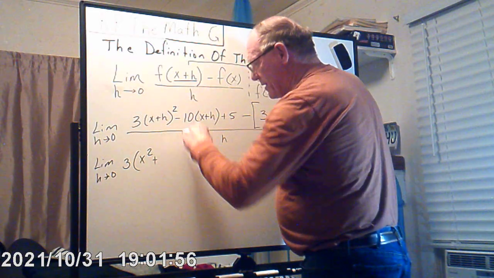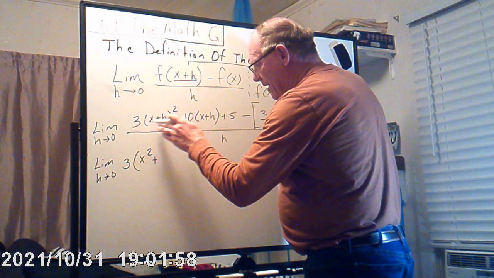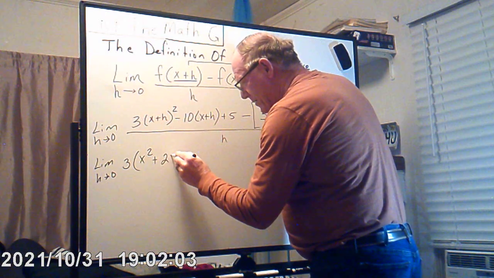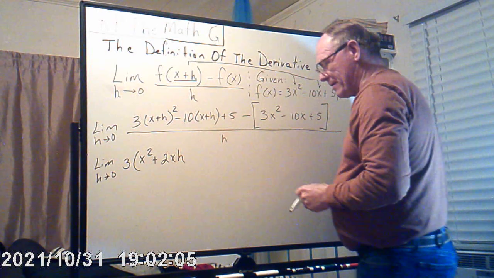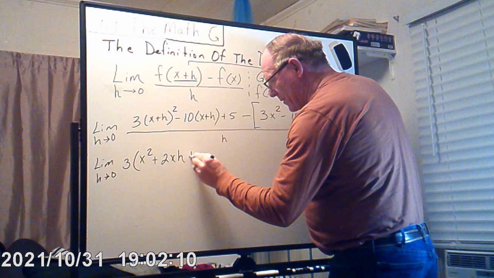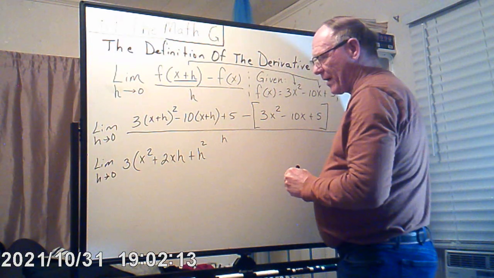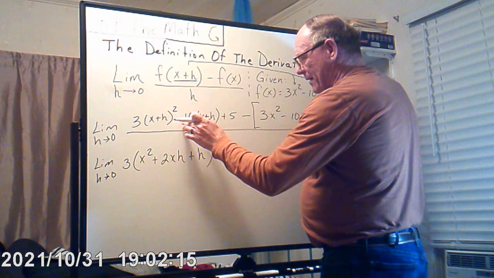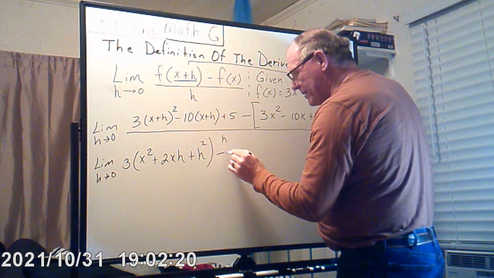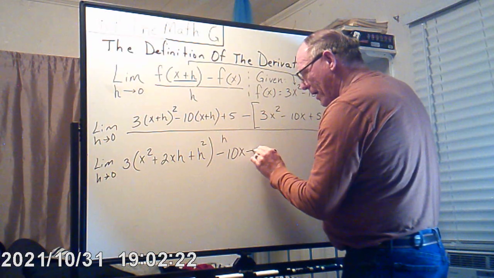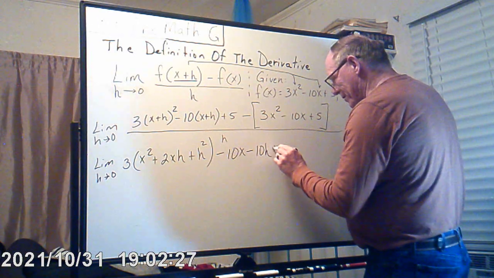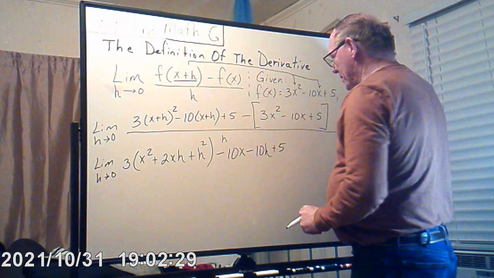So x times h times x, you've got 2 of them. 2xh. Remember, multiplication is commutative, so you can do that. So now plus h squared. Okay, that takes care of that part of it. We're going to distribute this minus 10, so minus 10x minus 10h plus 5, by the way.